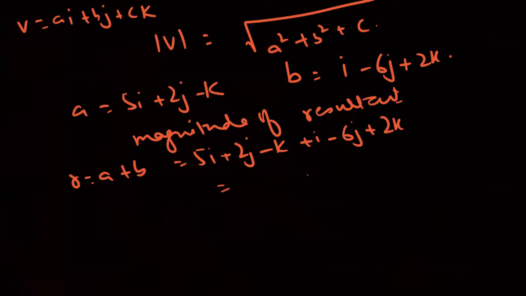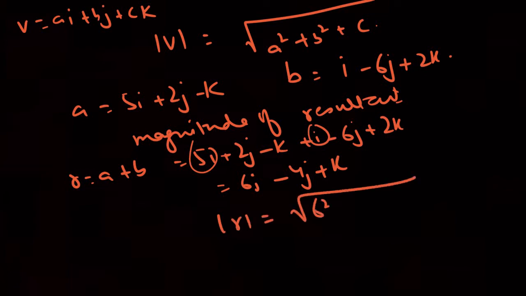So we are getting 5I plus I is 6I, minus 4J plus K, and the magnitude of the resultant is root of 6 square plus minus 4 square plus 1 square, as there is nothing with K, so it's just 1. So the value is coming 7.28 units. Okay, I hope that this question really helps.